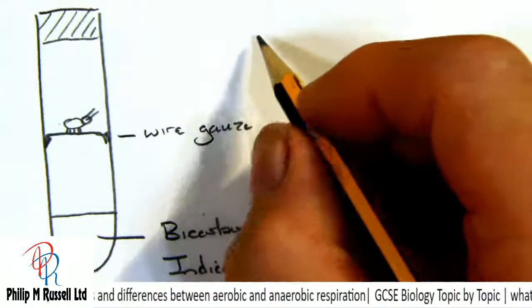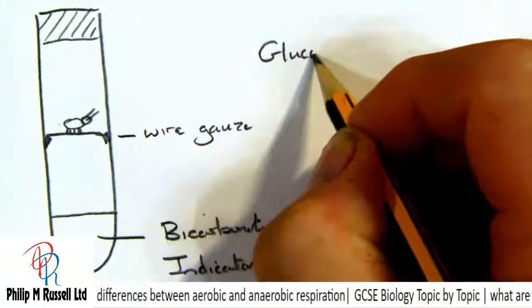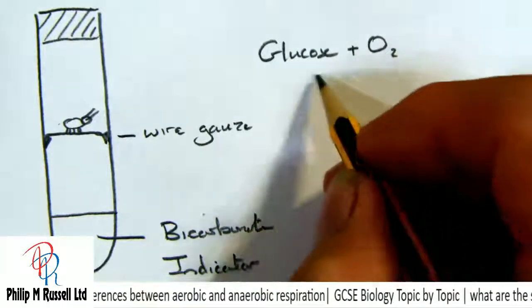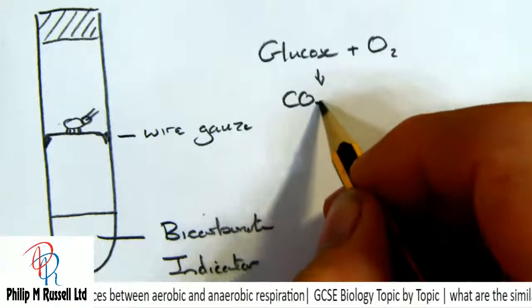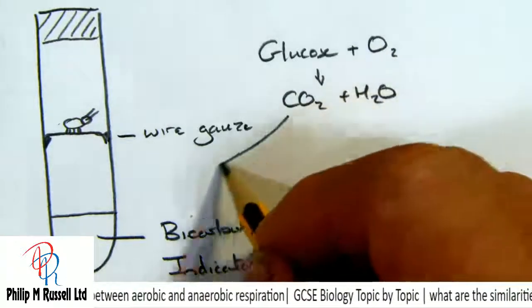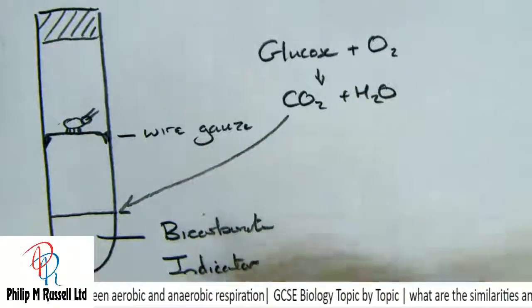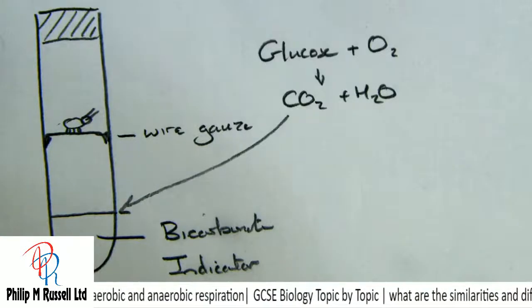Hopefully they would take glucose plus oxygen in the air there and produce carbon dioxide and water, and that carbon dioxide will change the bicarbonate indicator and you will see a colour change.